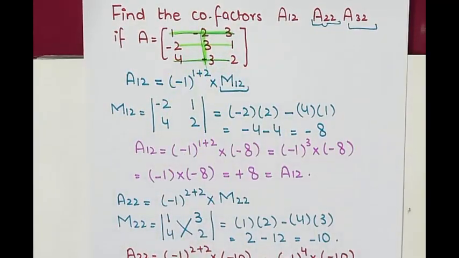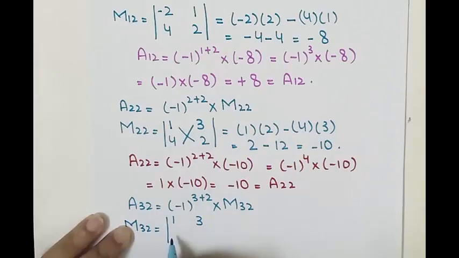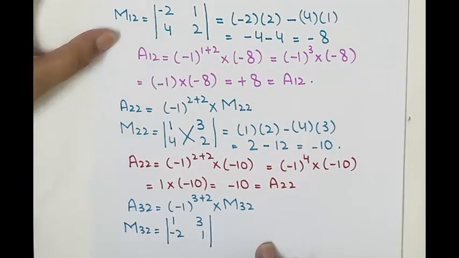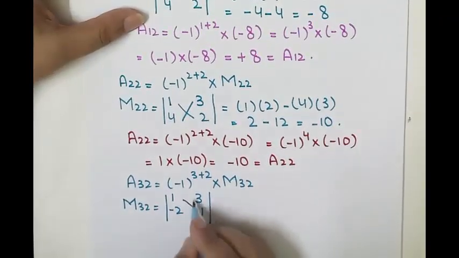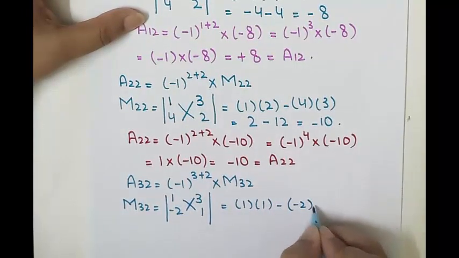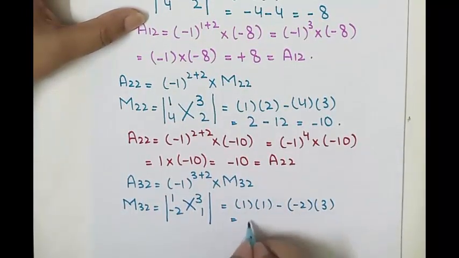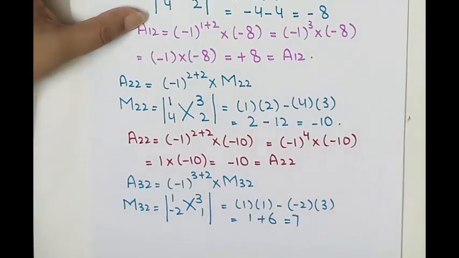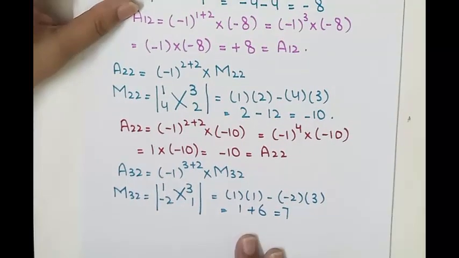So now we will have 1, 3 and -2, 1. To take the determinant of the 2 cross 2 matrix, we cross multiply: 1 into 1 minus -2 into 3. 1 times 1 is 1, minus times minus gives plus, 2 times 3 is 6, so 1 plus 6 is equal to 7.